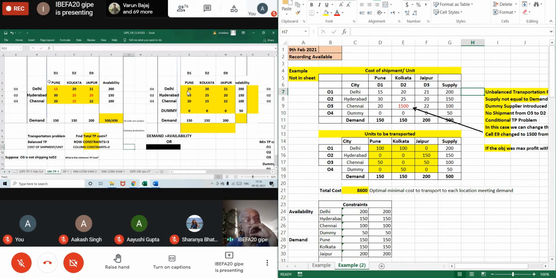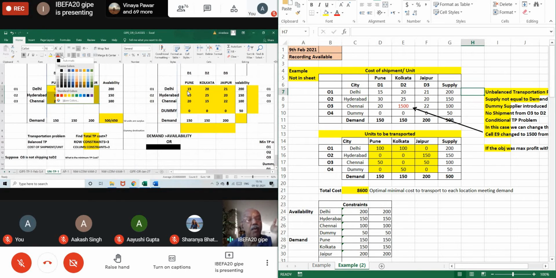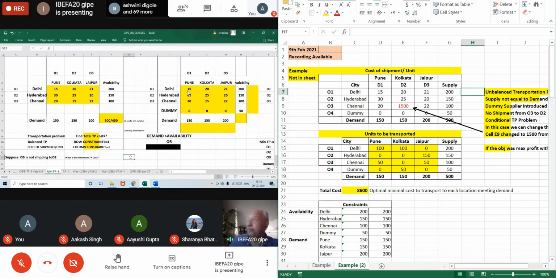Or they may change the distributors. So altogether what I say is, whenever you have a transportation problem, generally one or two constraints will be there because he is experienced with the past. And how does production start? That depends on the demand.